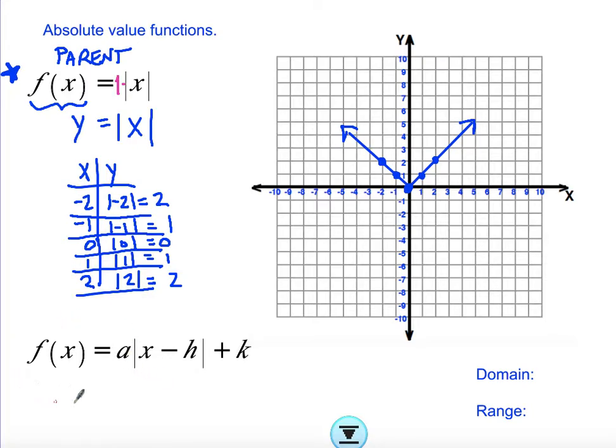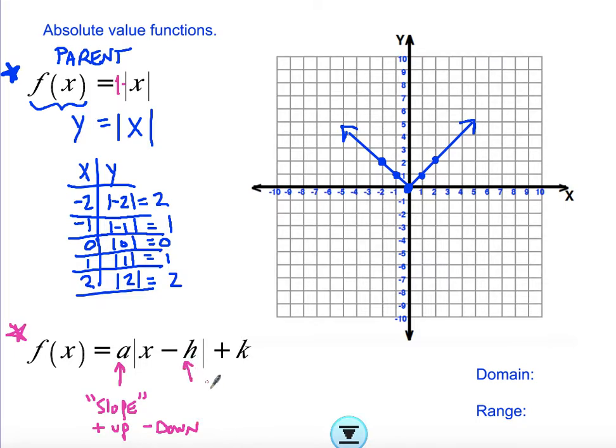Which brings us to our more involved equation. This is when we're going to involve our shifting left, right, up, down, and stuff like that. And I just wanted to point out that A is kind of like your slope. If A is positive, it's going to open up, and if A is negative, it's going to open down.